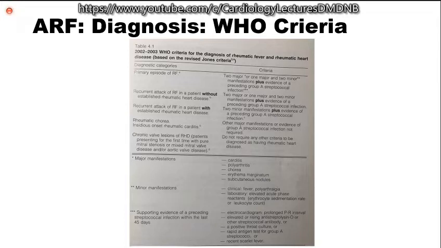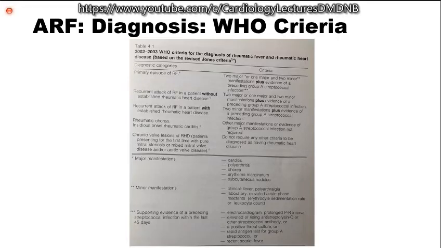A recurrent attack of rheumatic fever in a patient with established rheumatic heart disease. That becomes more difficult because if the patient is having established rheumatic heart disease with mitral regurgitation, recurrence of valvulitis may become extremely difficult as a clinical diagnosis. So what are the criteria? They have said that two minor manifestations plus evidence of a preceding group A streptococcal infection is enough.